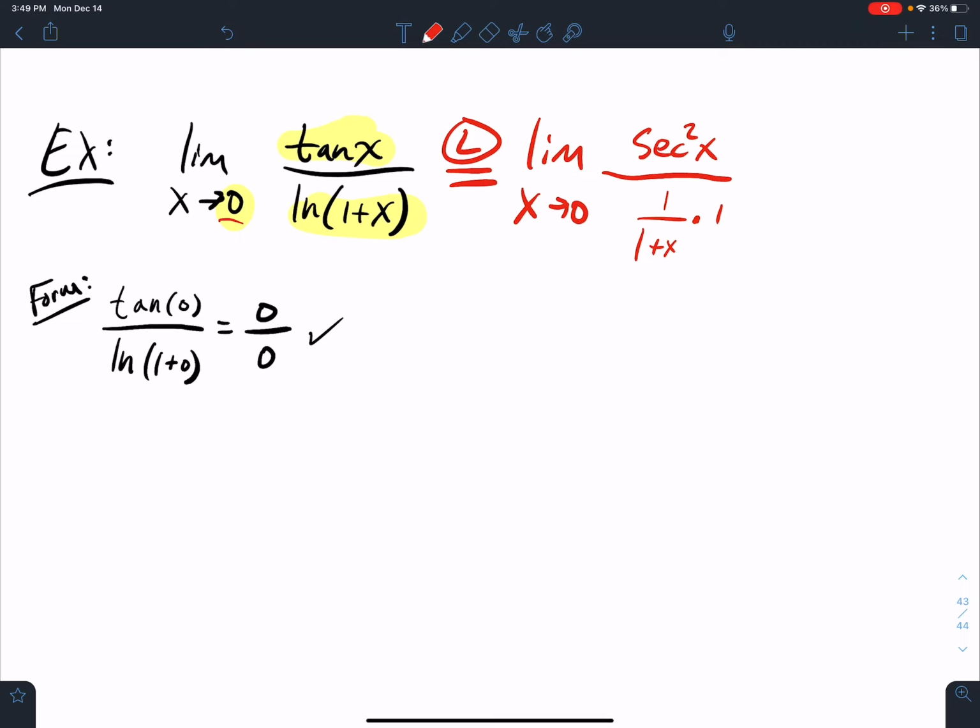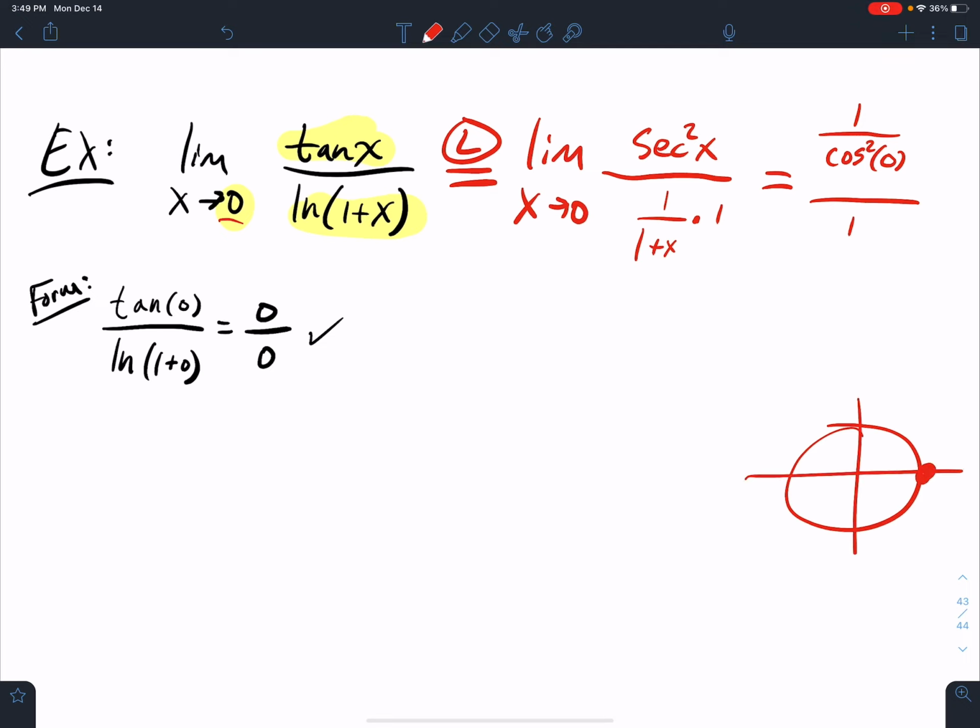Now, whenever I plug in 0, what do I get? If I plug in 0 for secant squared, remember secant squared is 1 over cosine squared. Cosine at 0 is actually 1.